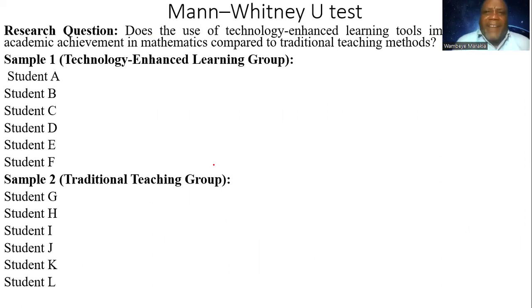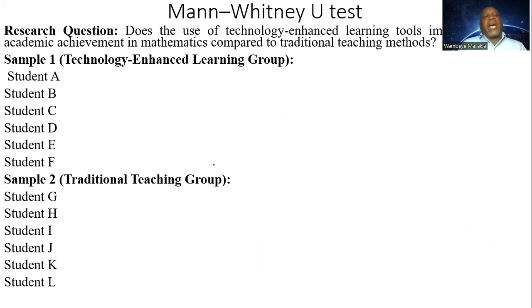Now, I have an example here. I'm going to use an example where we have two teaching methods: one that is technology enhanced, and another one that is a traditional method.